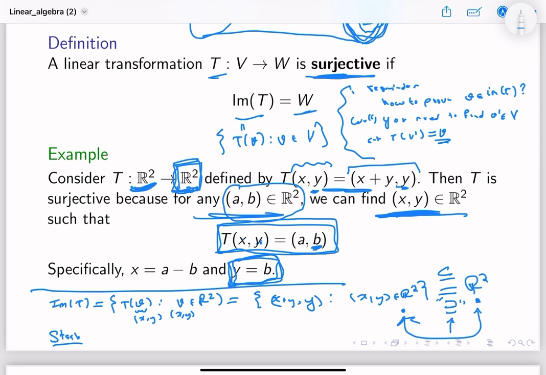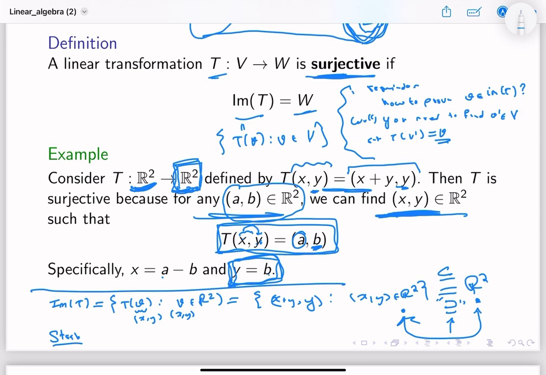Now, can we choose the first component in such a way that when we add the first component to the second component, we get a? Well, sure we can. We can take a minus b, because if y is b, then a minus b plus b is a, and that's it.